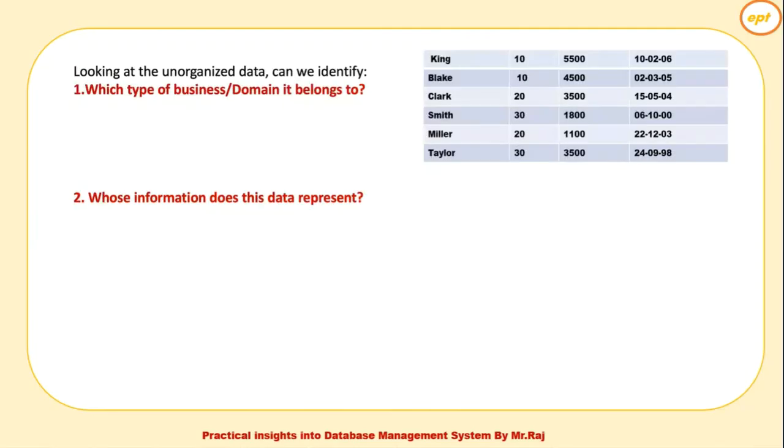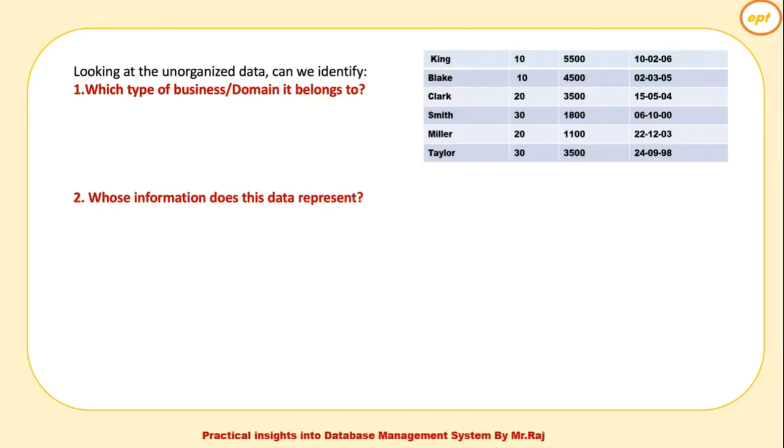So let me ask you a few follow up questions. Looking at this unorganized data, can we identify the domain of this particular data? Can you tell me whose information this data represents?